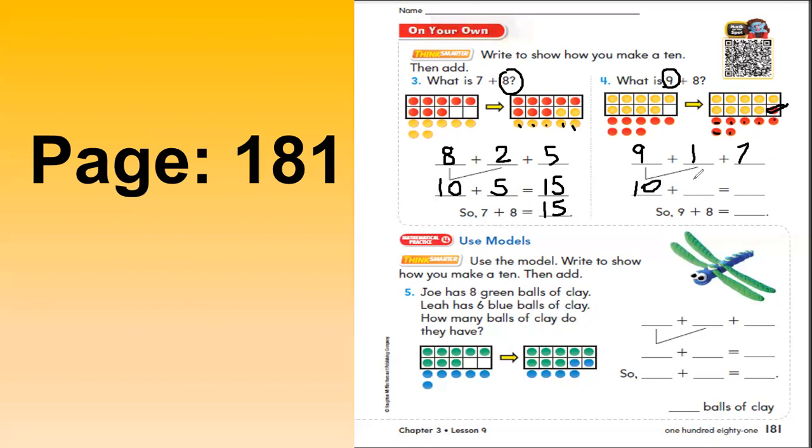So 10 plus 7 equal, yes, 17. Very good, girls. So you have 9 plus 8 is also 17. Excellent. Jannat, Lamar, Seal.